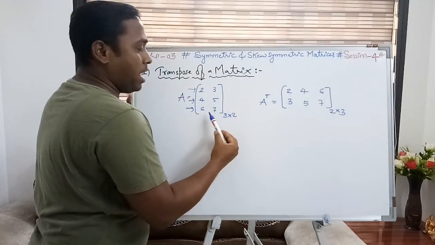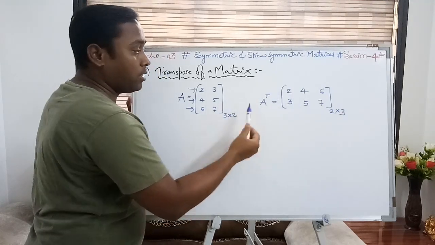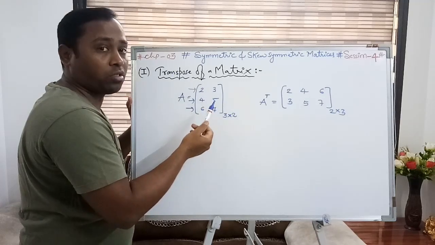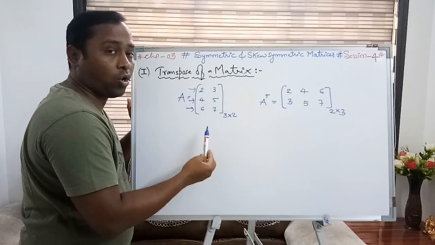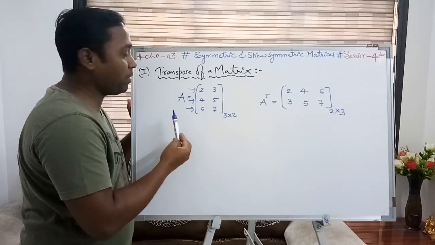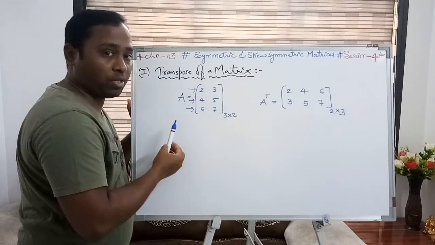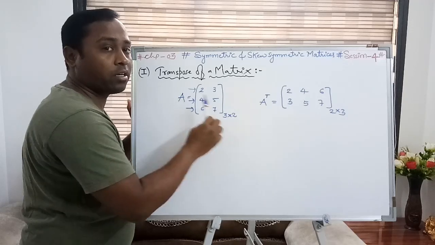The way I am interchanging the rows and columns is called the transpose. Transpose means interchanging of rows and columns of a given matrix. I repeat, transpose of a matrix means interchanging of rows and columns of a given matrix.